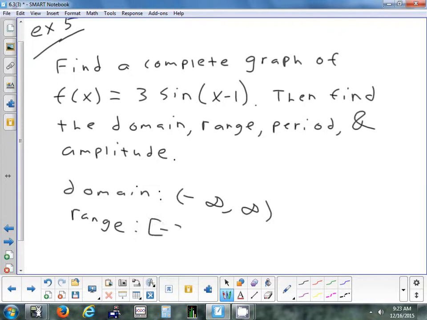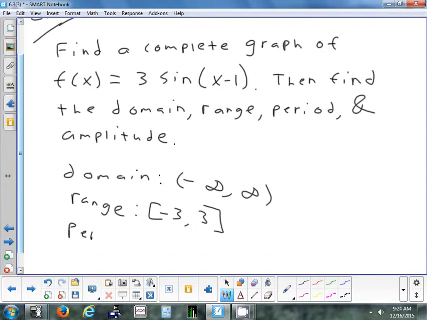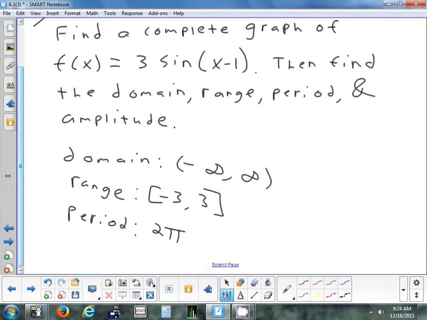And it does include them because you will hit those values. Okay, what about my period? 2 pi over 1. There's no change in the period in this problem. And my amplitude, 3.